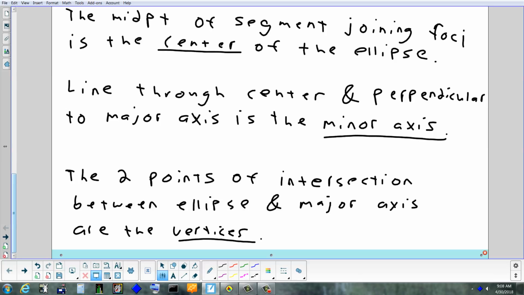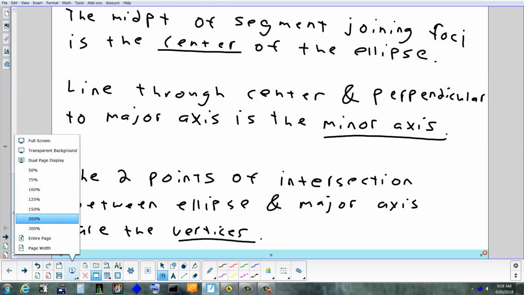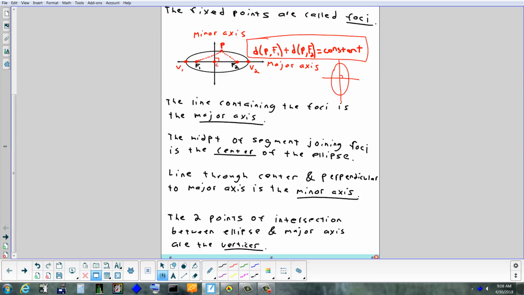Now, I want to scroll back up, and I want to look at where the vertices are in relation to the foci. I'm not sure I can make it bigger if I need to in a second. Okay. Look at where the vertices are, and look at where the foci are. How would you describe where they are in relation to each other?